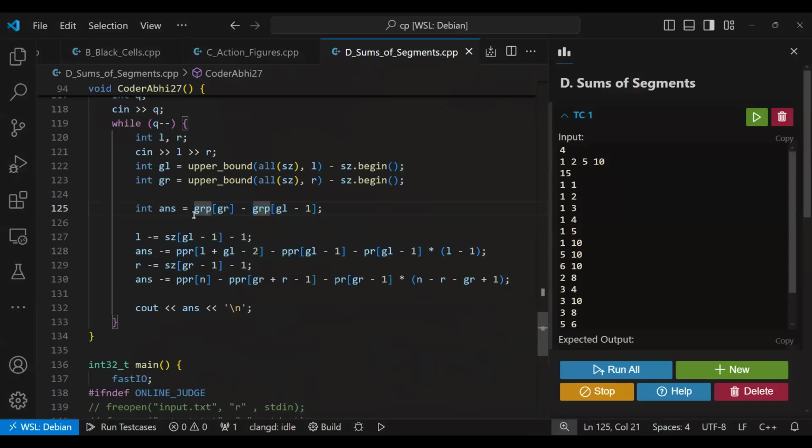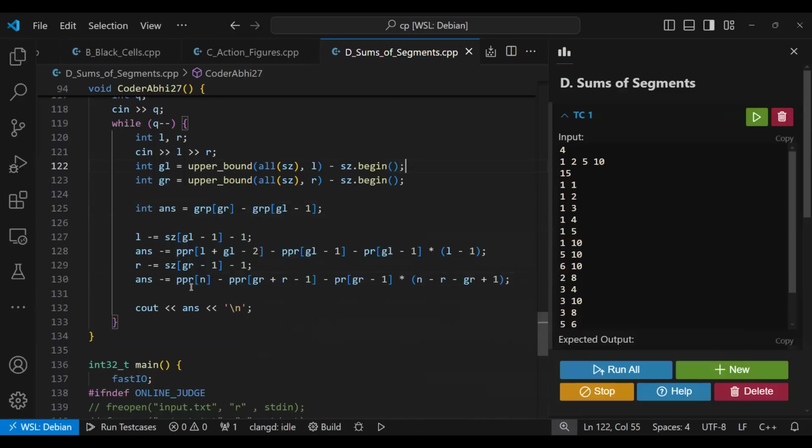Yeah, you can do that in the initial sum. Instead of taking from GR to GL minus 1, take it from GR minus 1 only. And then instead of subtracting this, add this formula to the answer, using R. Yes, you can do that.